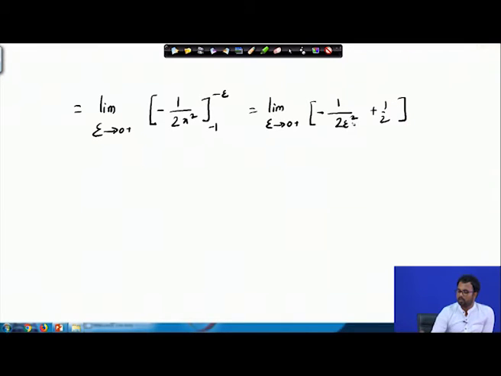Now when epsilon goes to 0 positive, this 1 by 2 epsilon square will not exist. So this will diverge to infinity. So this whole thing diverges.